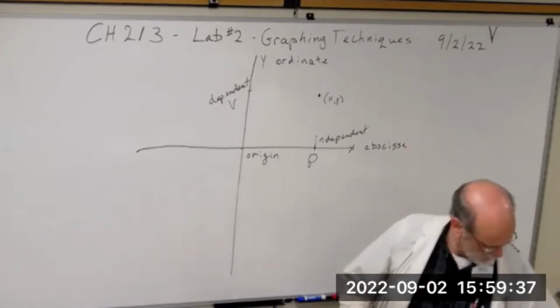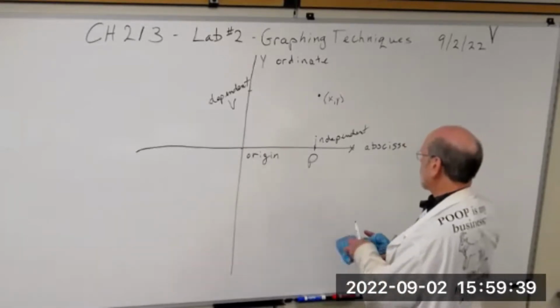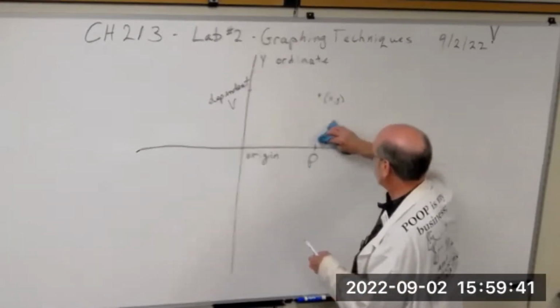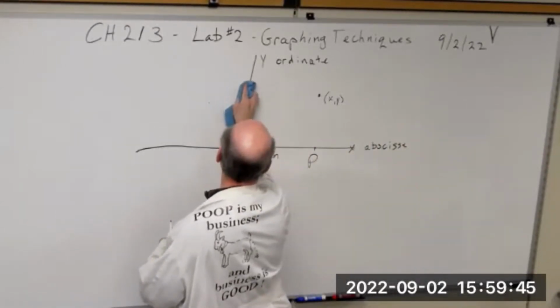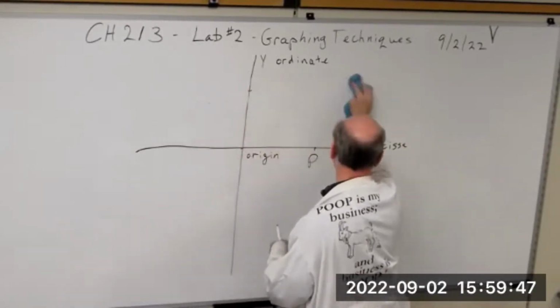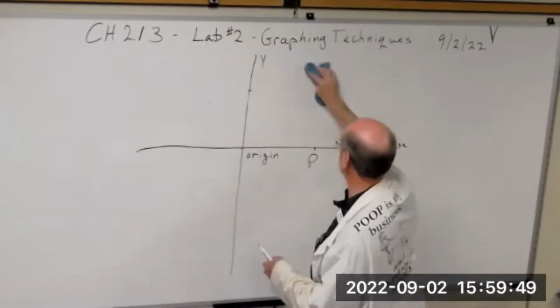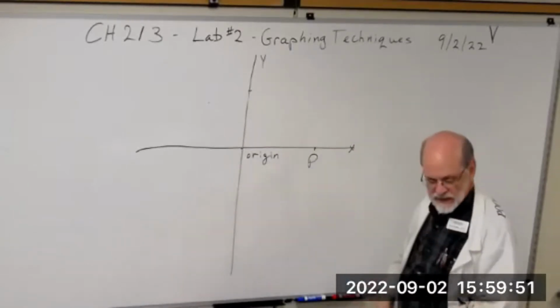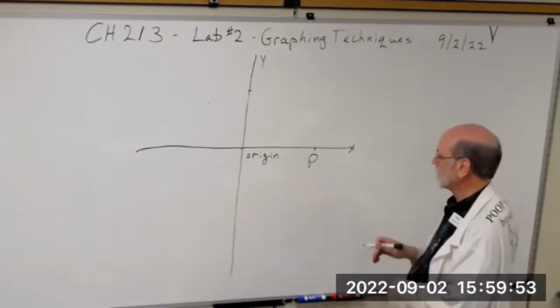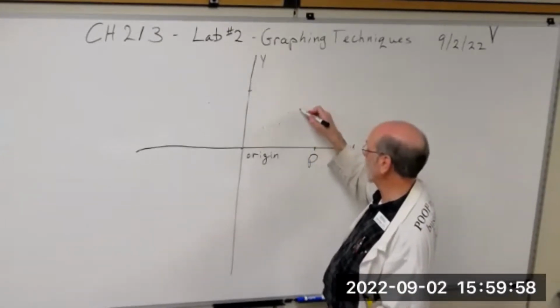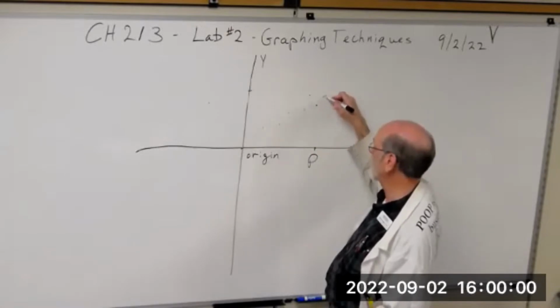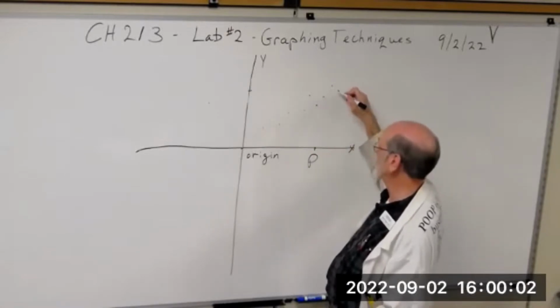We can now plot our data as independent, dependent variables. And I'm going to make some more room. And let's say, for argument's sake, that we've got one there, one there, one there, one there, there, there, there, and one there, maybe one up here.